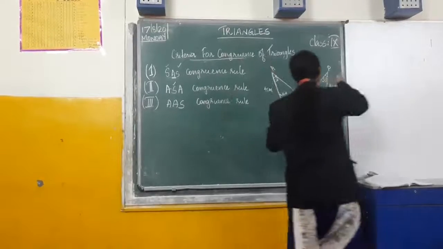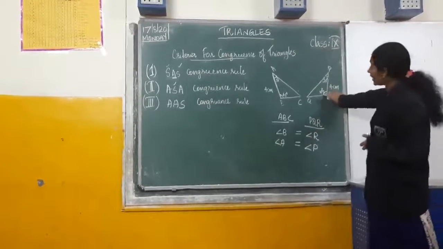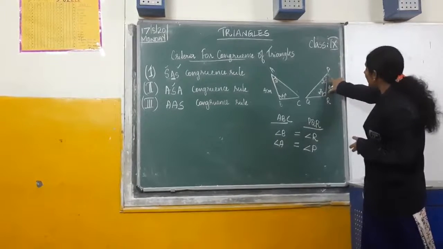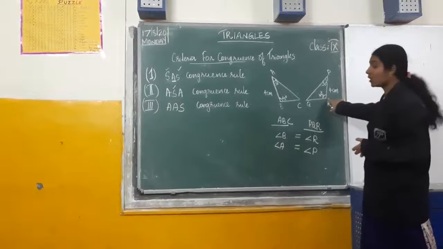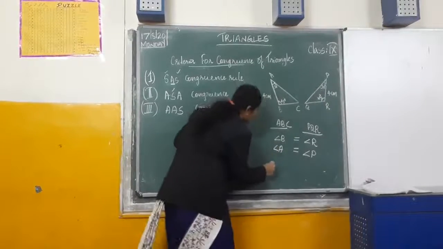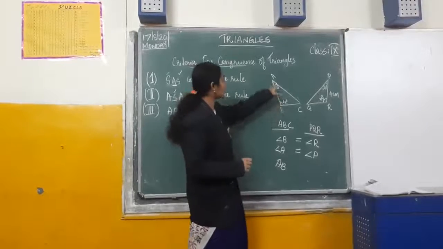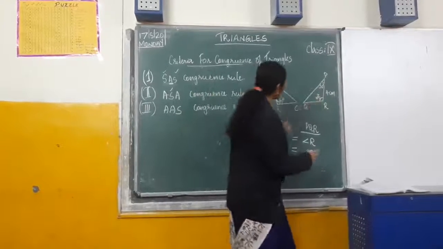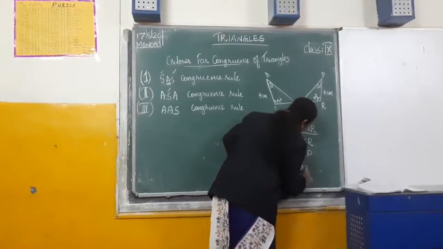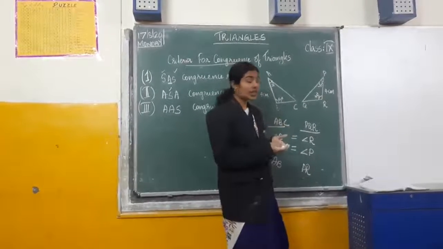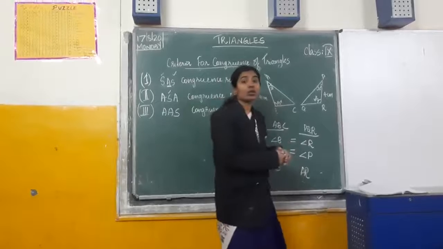Here also you can check, 45 degrees is there, 30 degrees is there. So between these two angles, the included side is PR. AB is the included side between these two angles, and here also PR is the included side between these two angles. Now you want to check whether these included sides are equal or not.